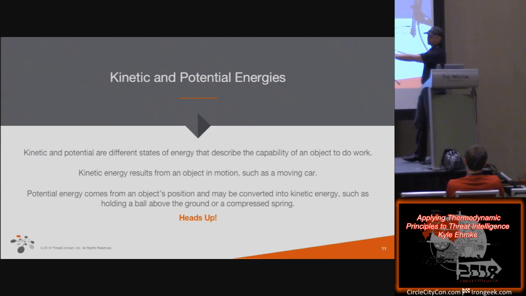So right now, this string is essentially acting like a compressed spring. Now, when I let loose the arrow, as it flies through the air, it has kinetic energy. That potential energy that I put into the string is translated into kinetic energy.